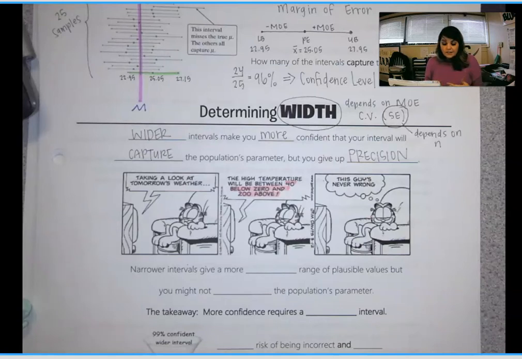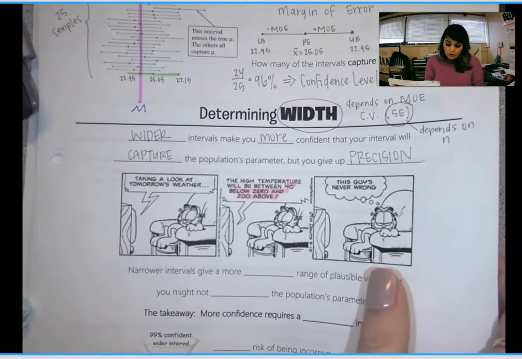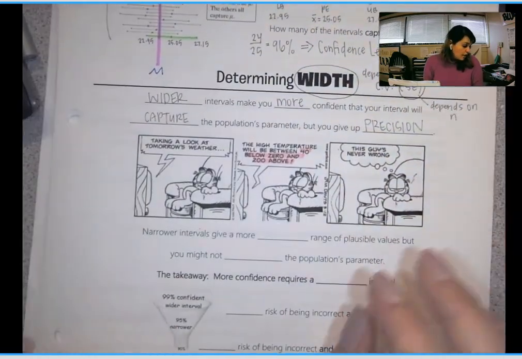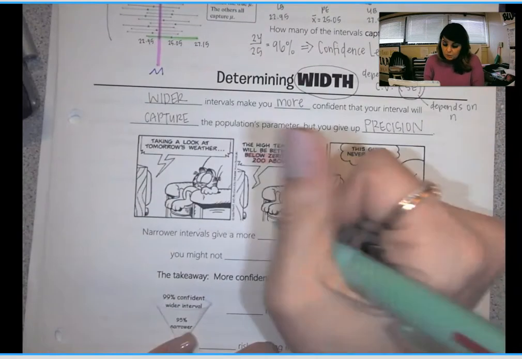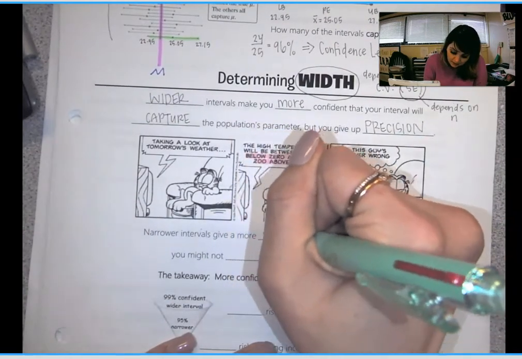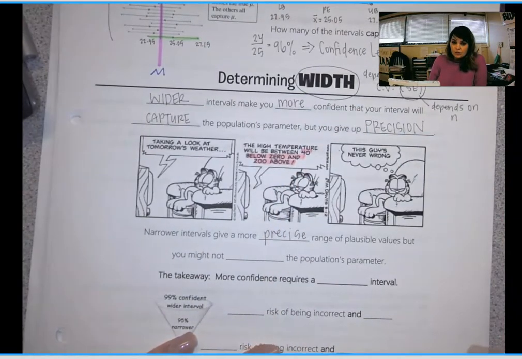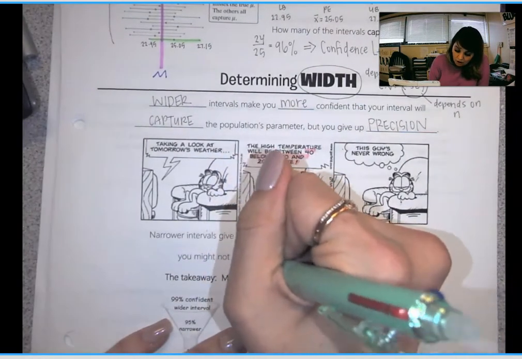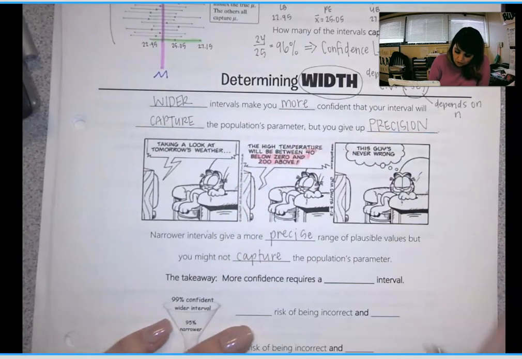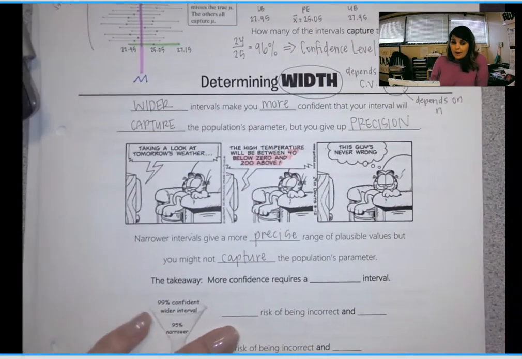So that is the takeaway from this portion. Narrower intervals give a more precise range of plausible values, but you might not capture the population parameter.